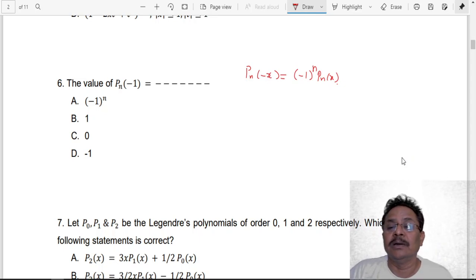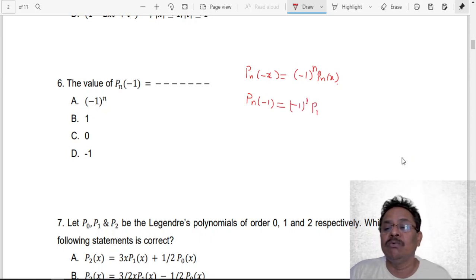Therefore, if I write x equal to minus 1, then I'll get Pn of minus 1 is equal to minus 1 raised to 1 this time, and it is P1 of x. From my earlier analysis I know that P0 of x is 1 and P1 of x is simply x.